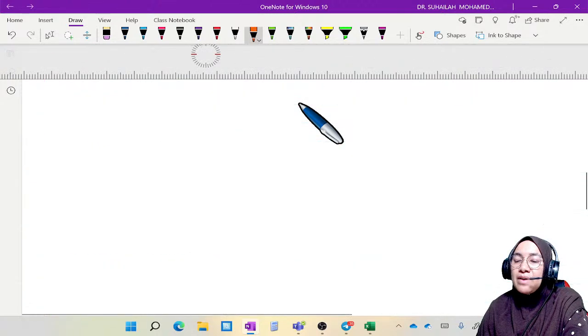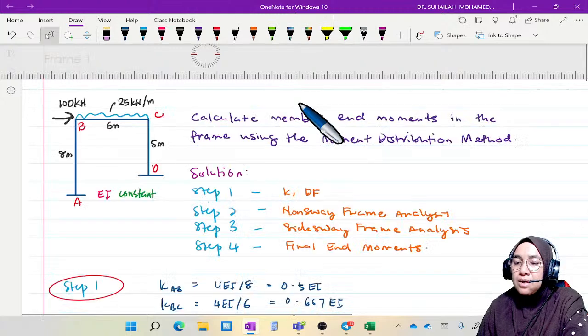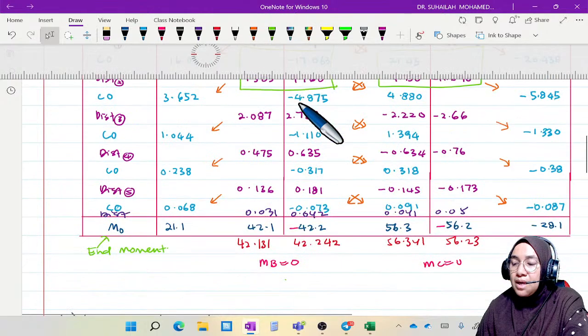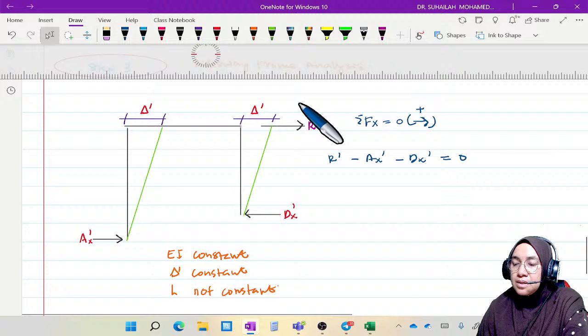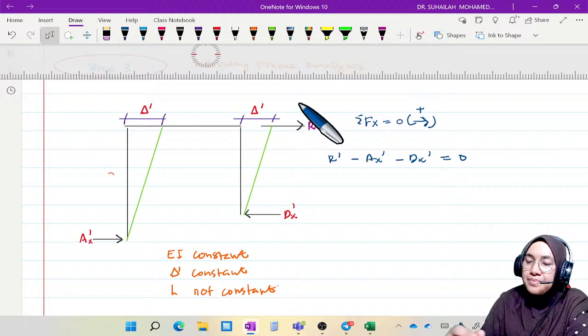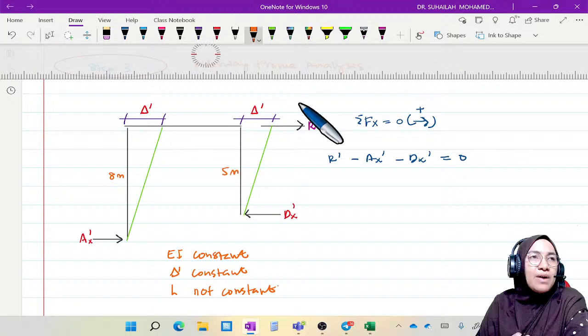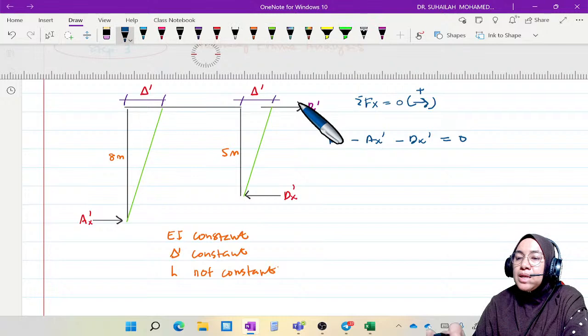The lengths are 8 meter and 5 meter. We need to assume an FEM.